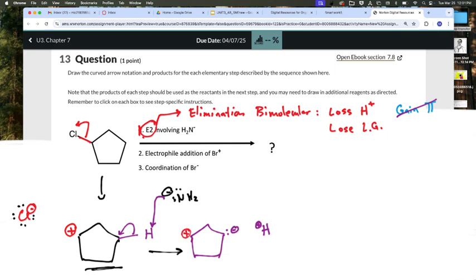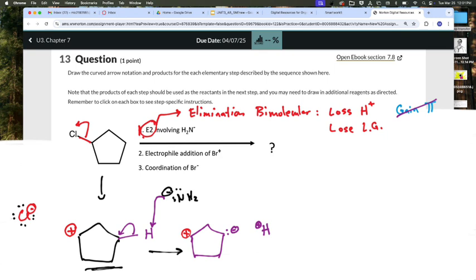If we look at what's happened so far, the red arrow showed what? Chlorine leaving. You mean the loss of the leaving group, yes? Yes. What did the purple arrow show? An acid-base reaction. You mean the loss of the H+ from my overall reaction.